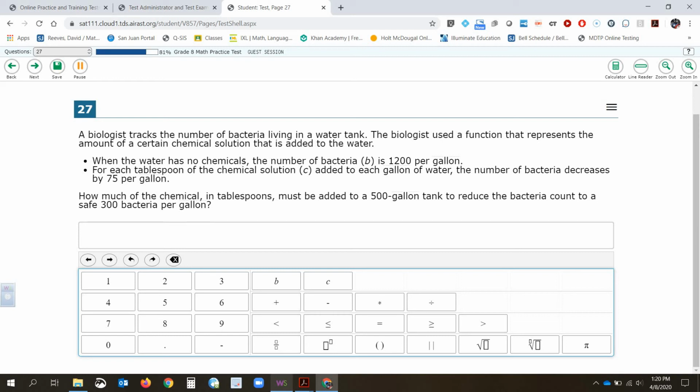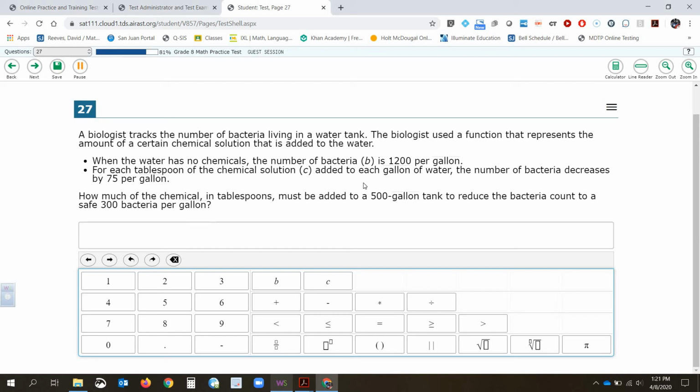When the water has no chemicals, the number of bacteria is 1,200 per gallon. For each tablespoon of the chemical solution C that is added to each gallon of water, the number of bacteria decreases by 75 per gallon.